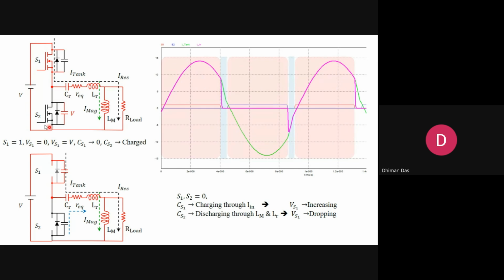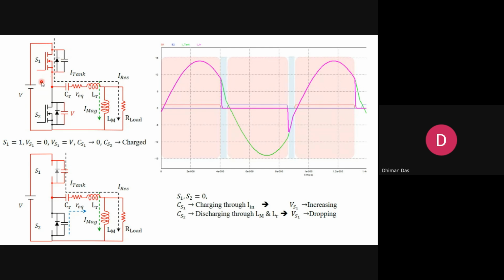One node is ground, another node is plus, because S1 is on.